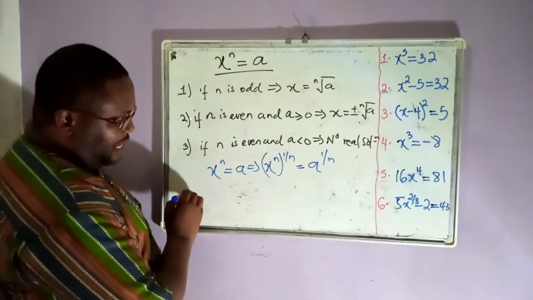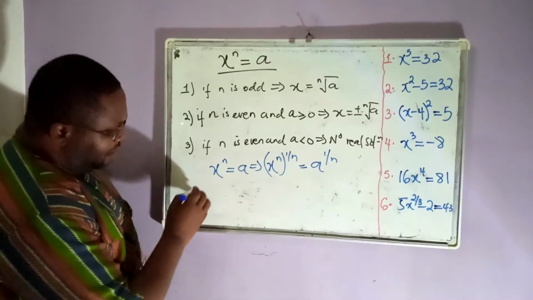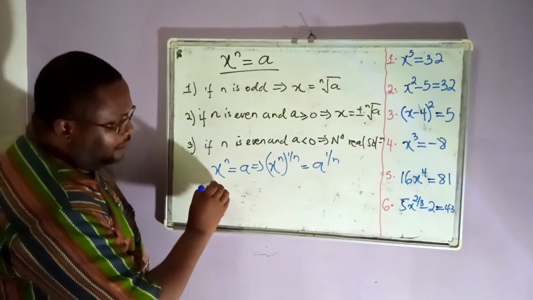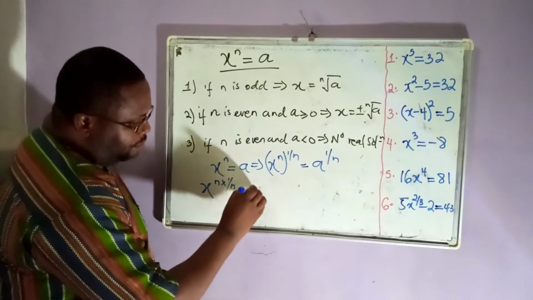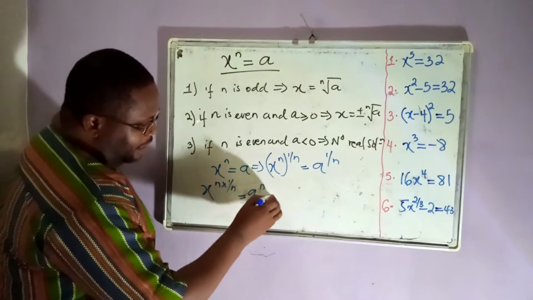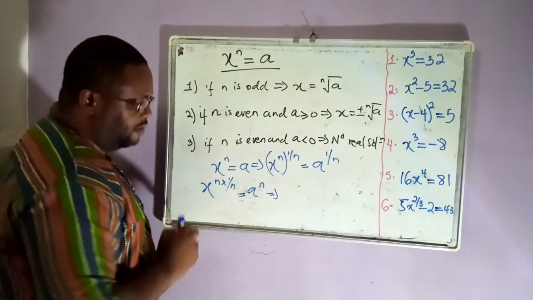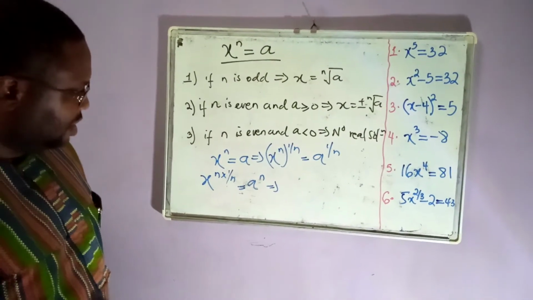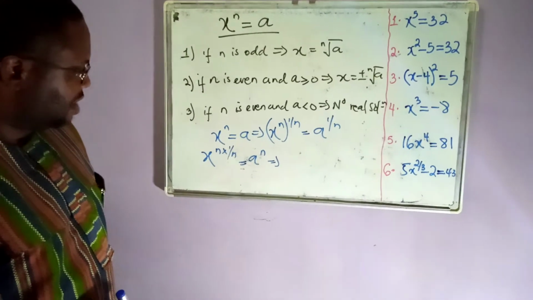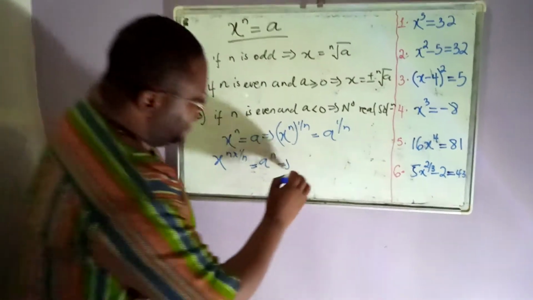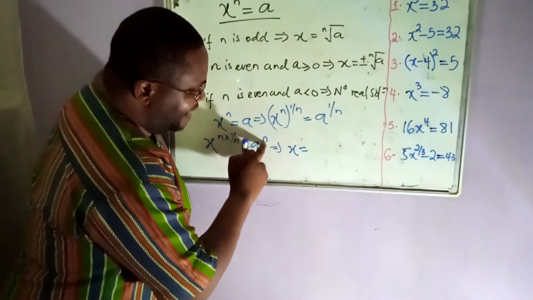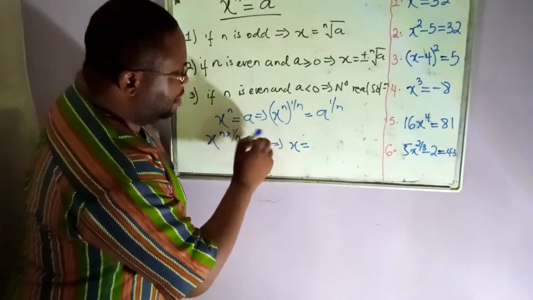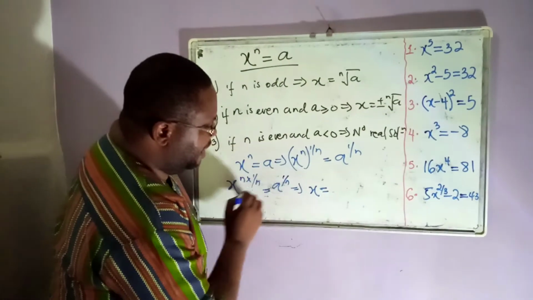Of course, you now have x to the power n times 1 over n, and n times 1 over n is going to cancel out. So I'm simply going to have that x is equal to a to the power 1 over n.